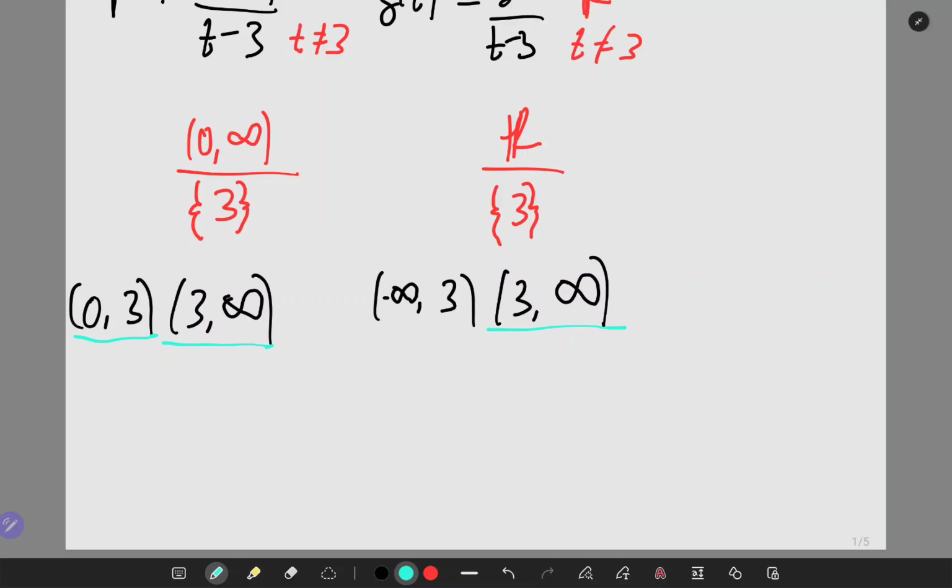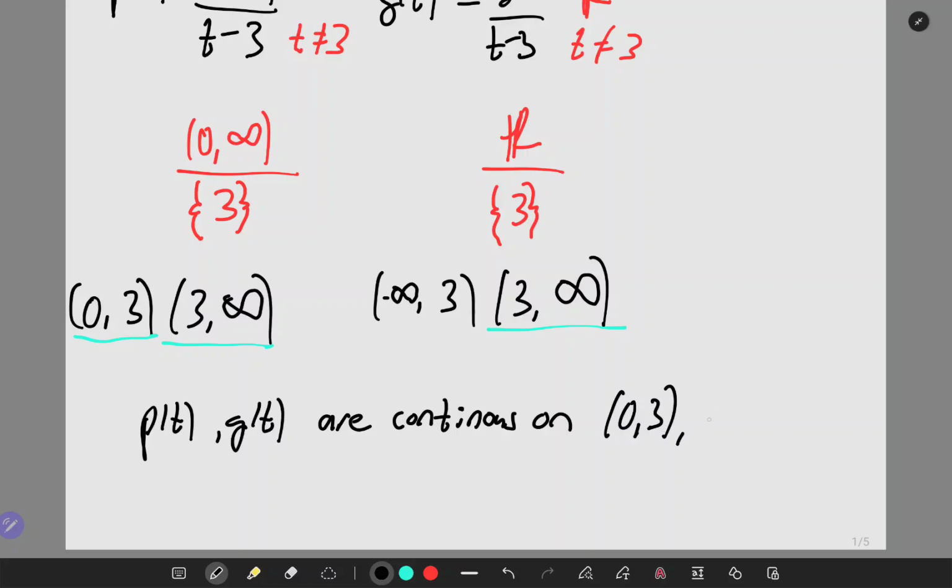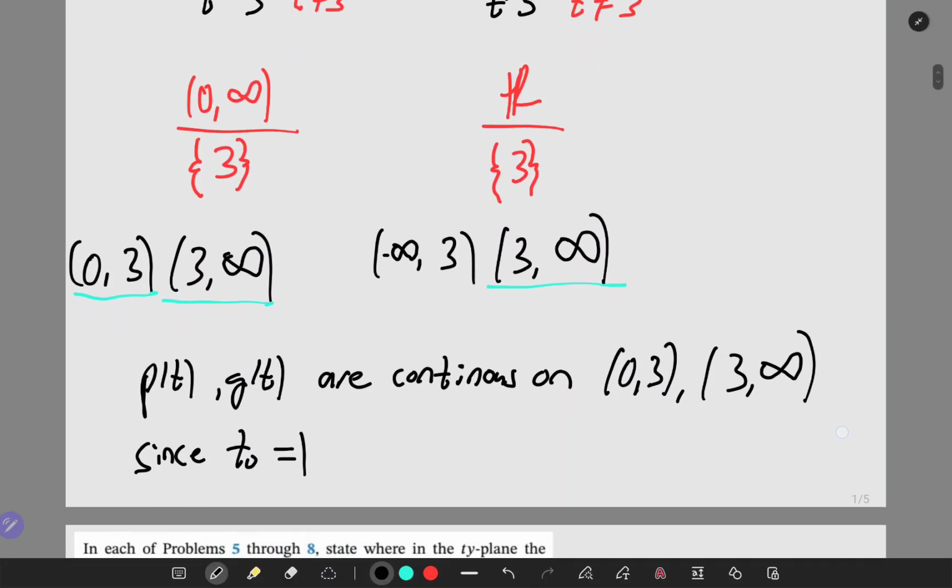So these three things here are what we're going to take. So we know that p of t and g of t are continuous on 0 to 3 and 3 to infinity. Now let's test. Since t naught is equal to 1, our solution is going to exist where?